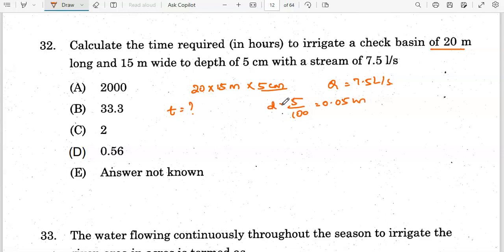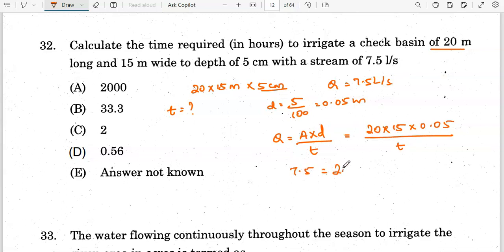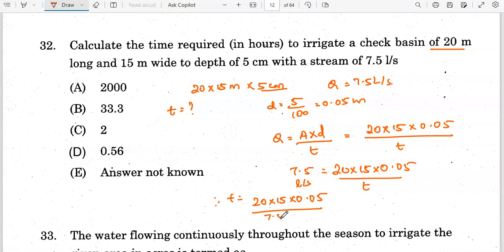As per this, the formula Q is equal to A into D divided by T. The area they had given us, so 20 into 15 into 0.05 divided by T. Discharge they had given us 7.5 liter per second. Therefore, T is equal to 20 into 15 into 0.05 divided by 7.5 into 10 to the power of minus 3 meter cube per second.